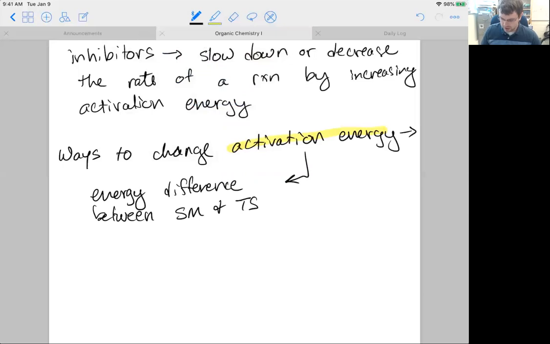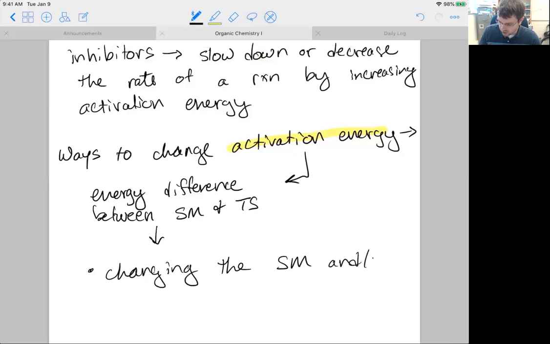Okay, so with this in mind, if it's the energy difference between the starting material and the transition state, the ways that we could change the activation energy are, I'm going to write it this way, that is to say, changing the starting material and, or you could do both, I guess, and or transition state free energy will cause the activation energy to change.